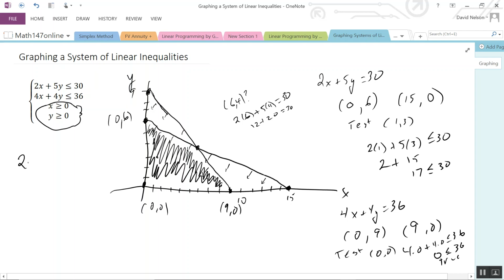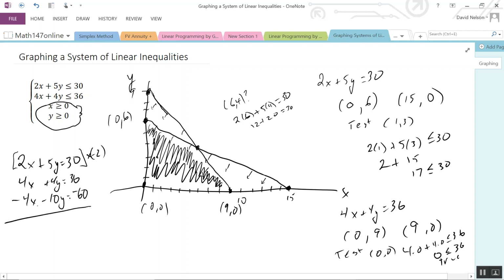If I look at 2x plus 5y equals 30 and 4x plus 4y equals 36, let's do elimination. Let's take that top row and multiply it by -2 all the way through. So I'll get -4x minus 10y equals -60. And then when I add those together, the x's will cancel out.